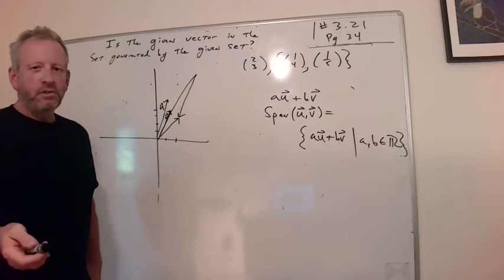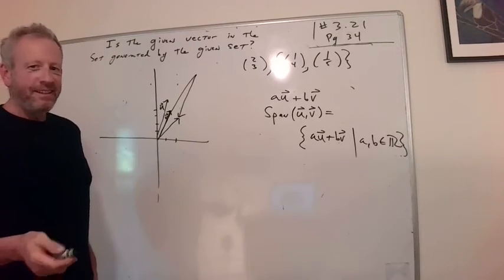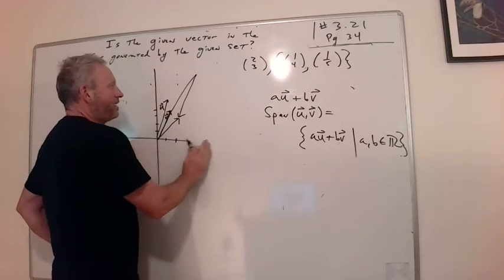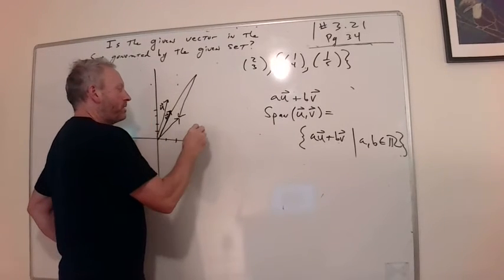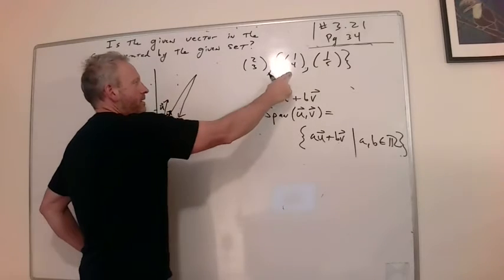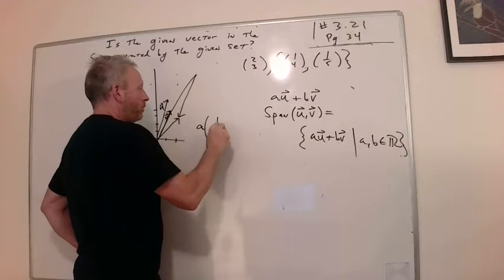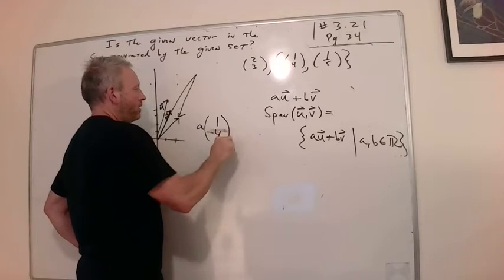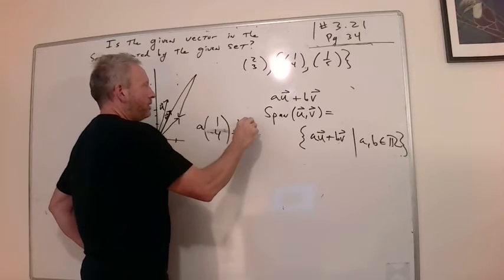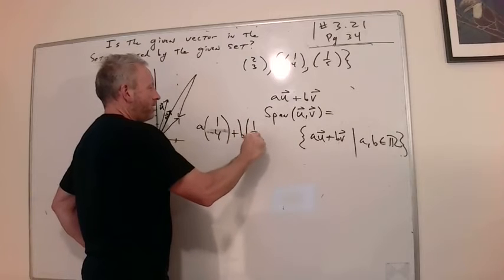This is where algebra is kind of a nice thing. It's easier sometimes than geometry. What are we looking for? We're looking for some real number a, so that we can multiply it by this (1, 4), plus some other real number b times the vector (1, 5).